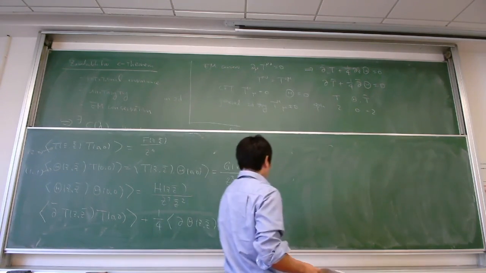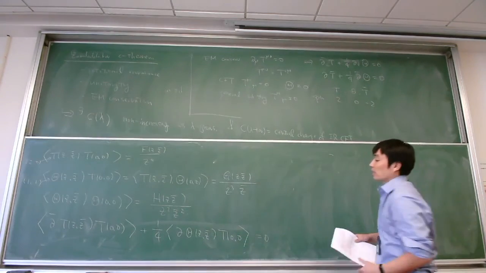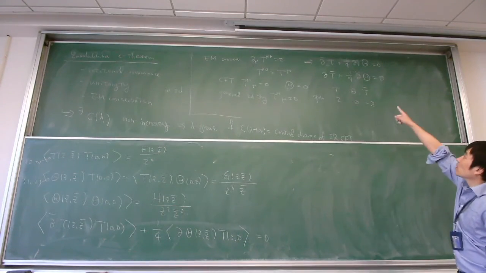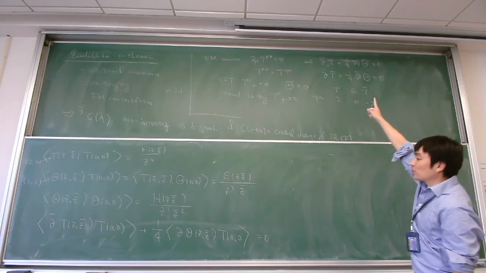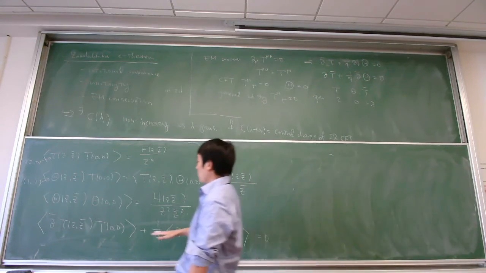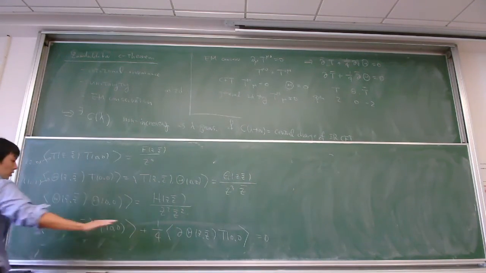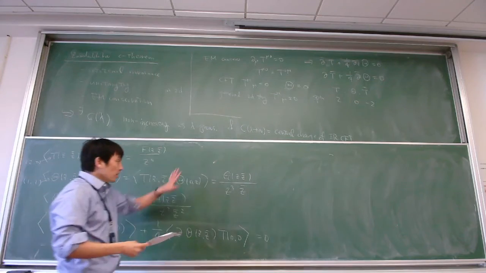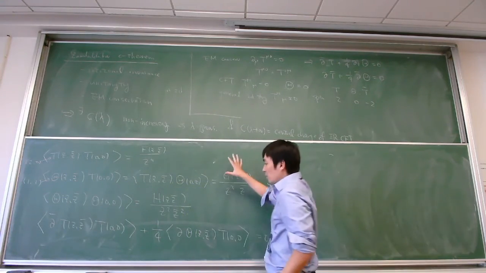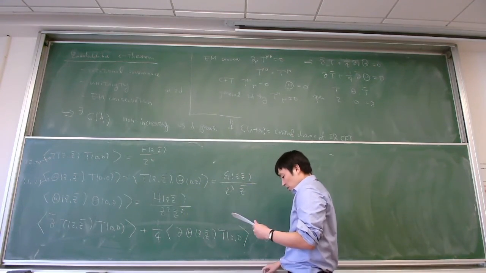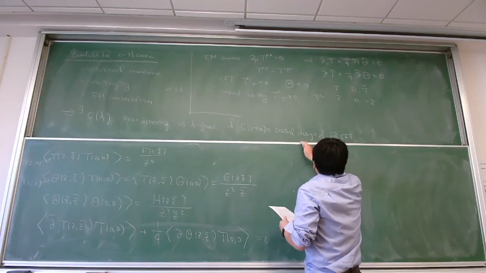So if you plug this conservation of the energy momentum tensor and compose with T, you can obtain this one. What we are going to do is just plug this one into here and see what happens.